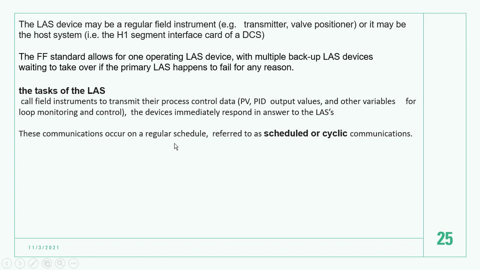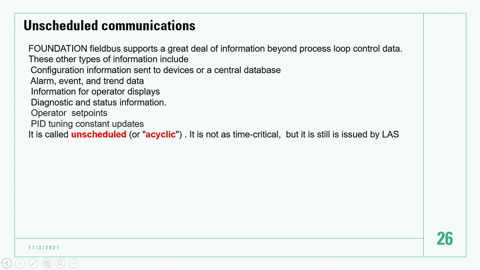This communication we call regular scheduled, or cyclic, communication. If you have scheduled communication, we still have unscheduled communication. Unscheduled communication means Foundation Fieldbus supports a great deal of information beyond process loop control.